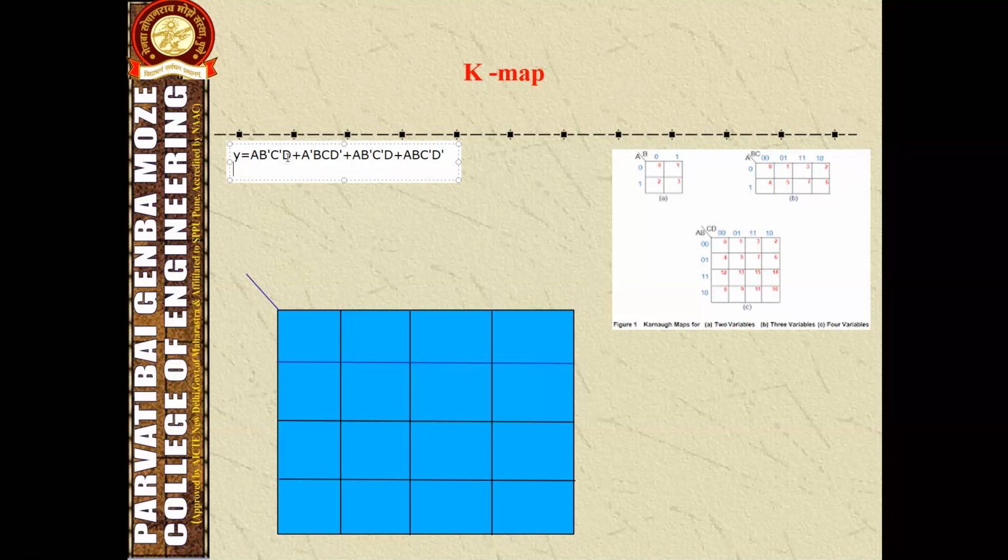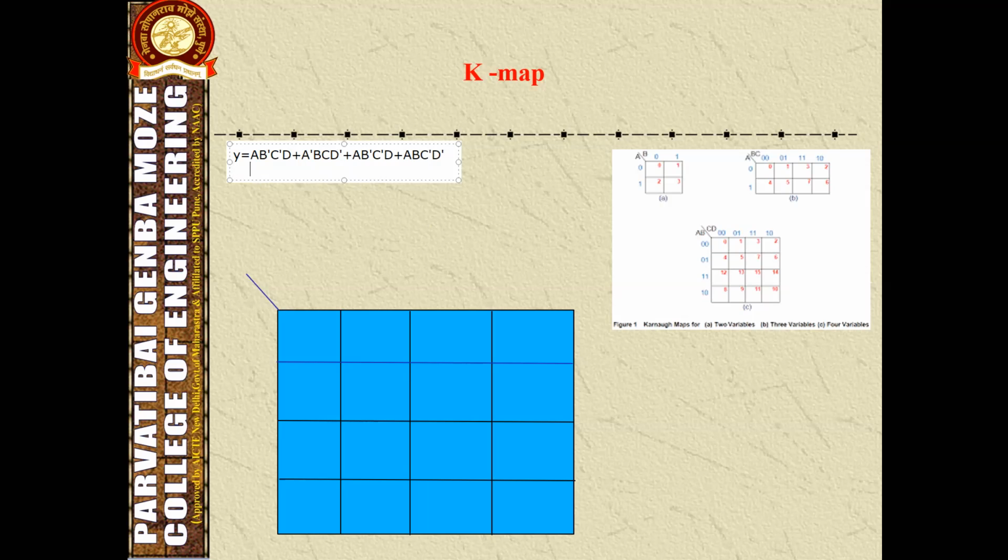Here there are 4 variables: A, B, C, D. So we have to choose a 4 by 4 K-map, that is 2 raised to the power of 4, which has a total of 16 cells.